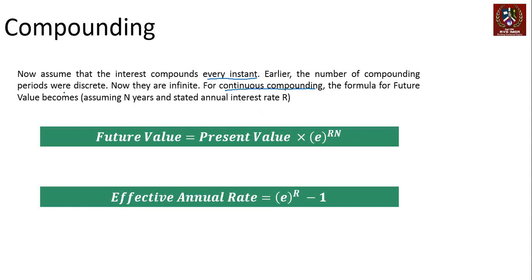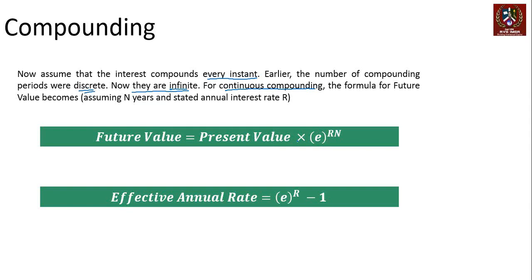So far, we were looking at discrete compounding instances. The intervals were discrete. We could define 1, 2, 4, 12, 365. Now we are saying we can't really define it because every moment it is happening. So the number of compounding periods is infinite.